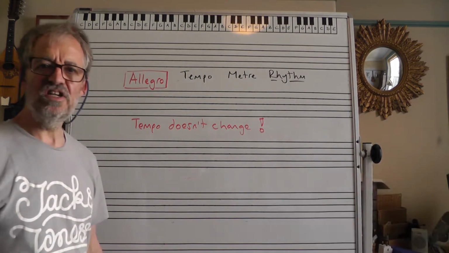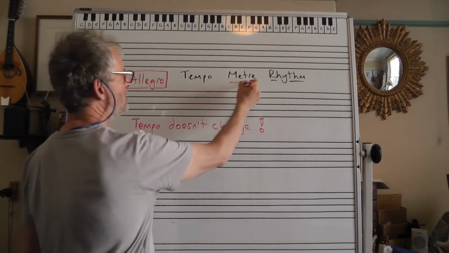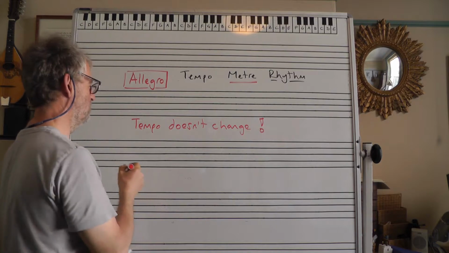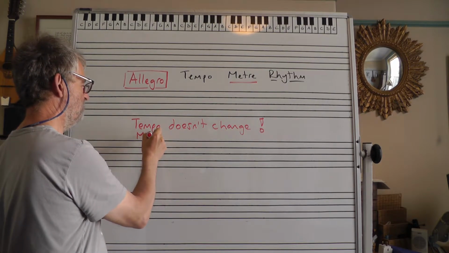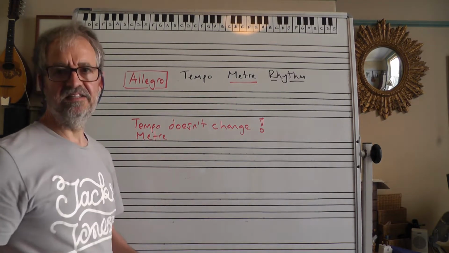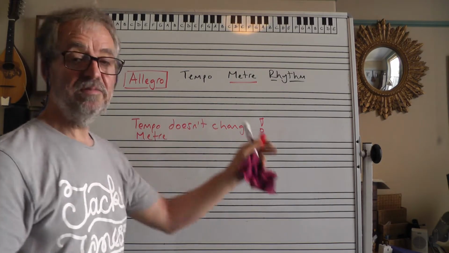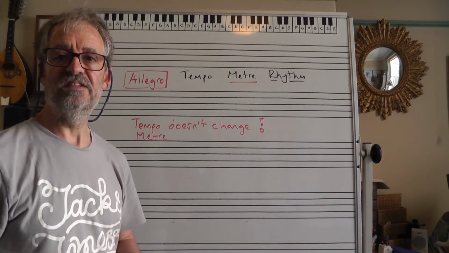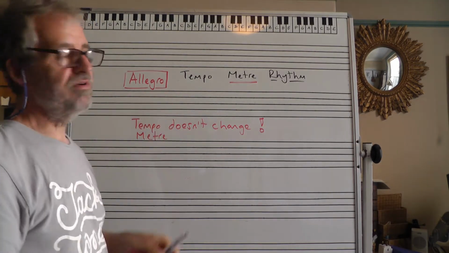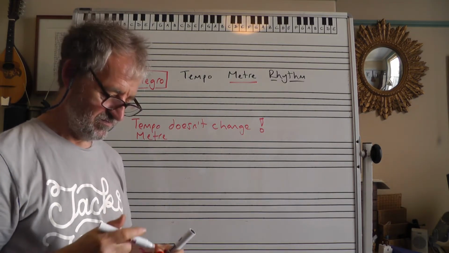And the meter doesn't change at all. There's a reason for that. Firstly, what is meter? A meter is the time signature, the number of beats in the bar. And this piece has got the same number of beats in every bar all the way through, it doesn't change. It's got the same tempo all the way through, it doesn't change.